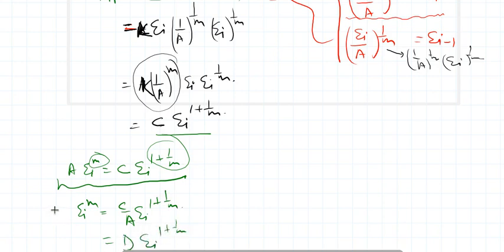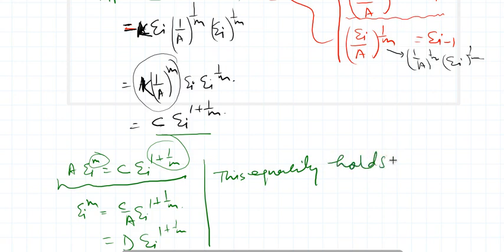I can say that c by a is 1 and m is equal to 1 plus 1 over m. So this equality holds if m is equal to 1 plus 1 over m.